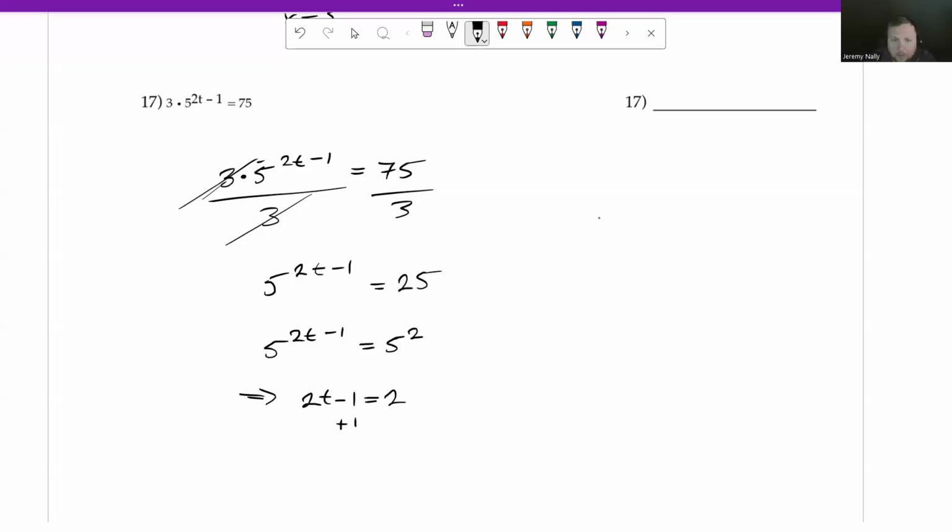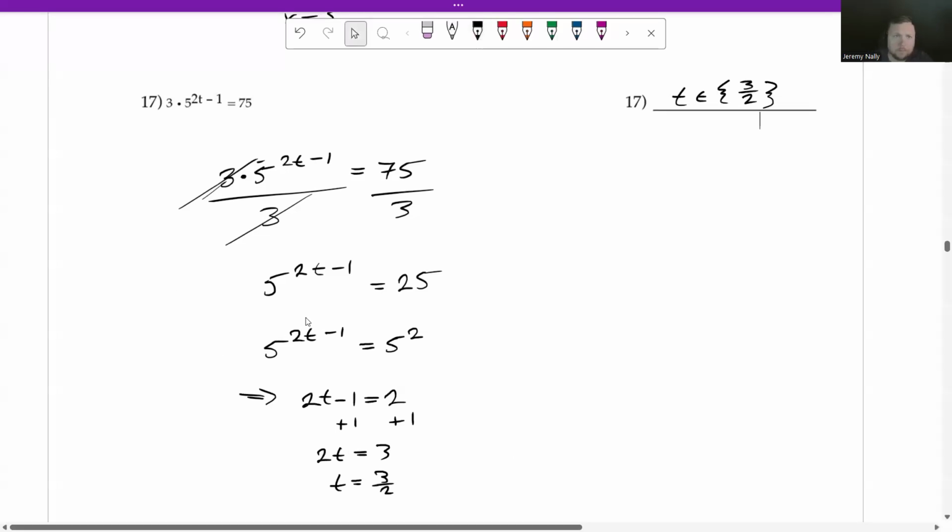Adding 1 to both sides, 2t is equal to 3, and dividing both sides by 2, t is equal to 3/2. If you plug the 3/2 in, 2 times 3/2 is 3, 3 minus 1 is 2, so then I have 3 times 5 squared, and of course that's 75 for my check.